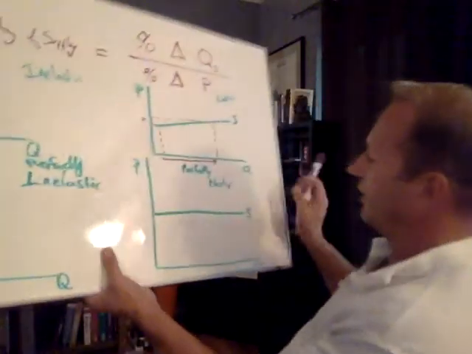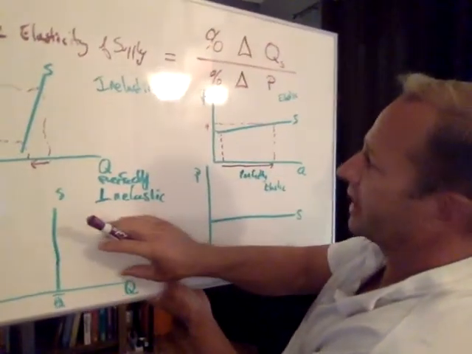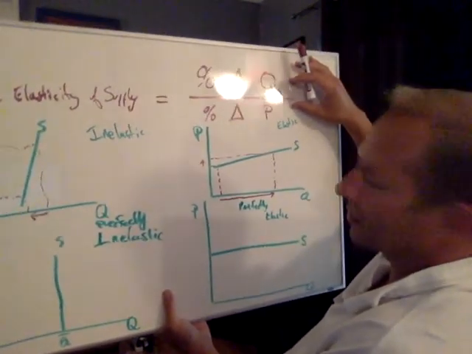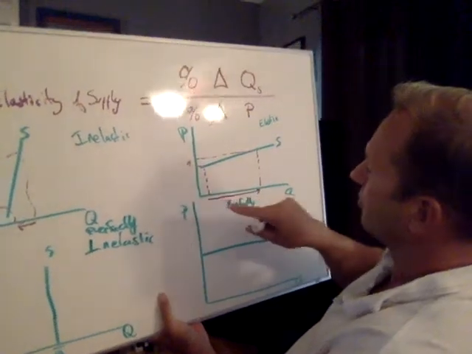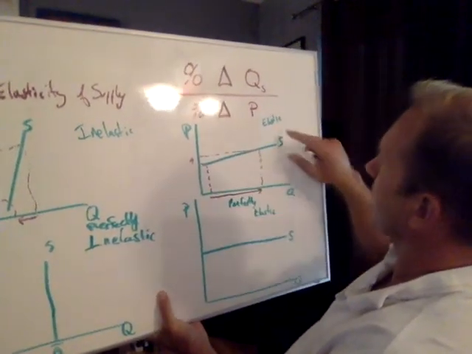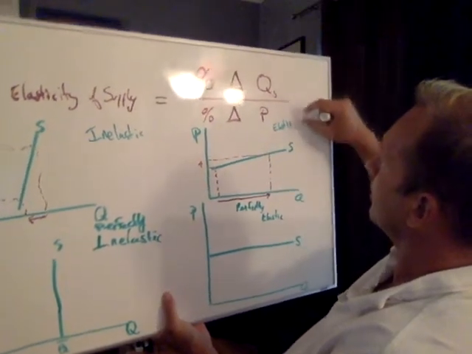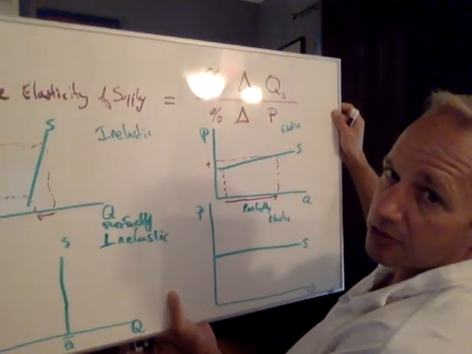So, oh, by the way, let me put that up again. If you can remember, this looks like an E and this looks like an I, then what I changed up here is still true, right? Small change here, big change there. For this to be elastic, it's greater than 1. Big number over small number, always greater than 1.